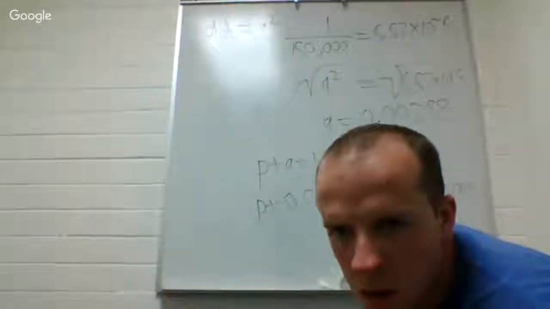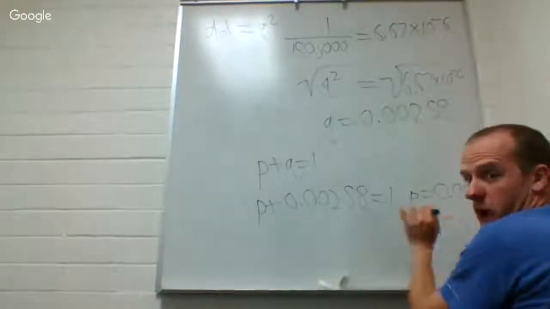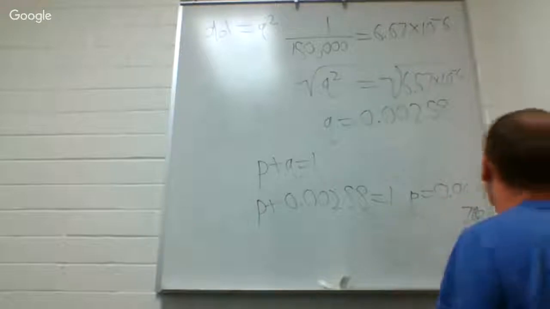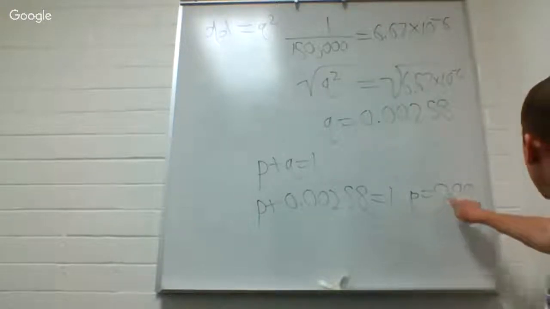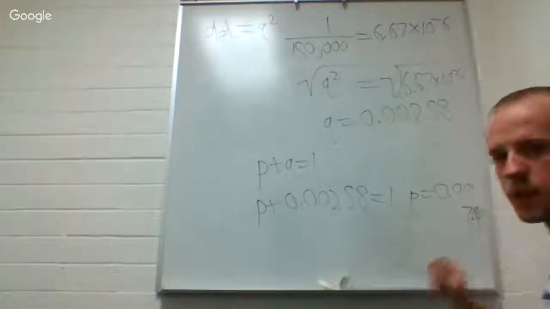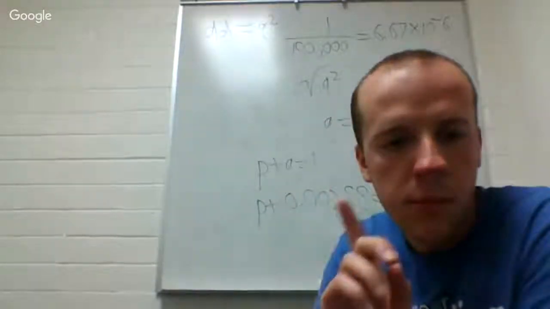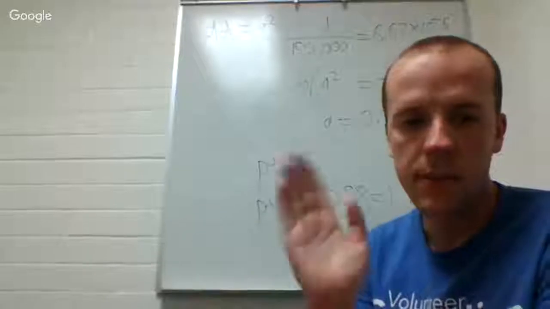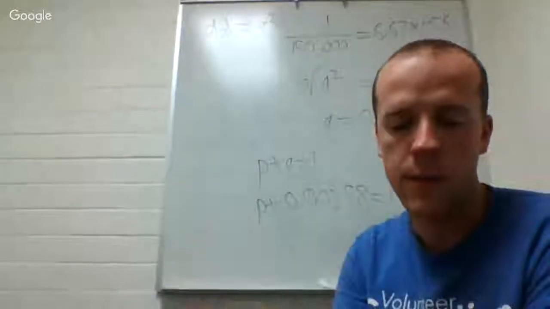0.99. Sorry, running out of room. 74. P equals 0.9974. Now part D is, what is the frequency of the big D genotype in this population?